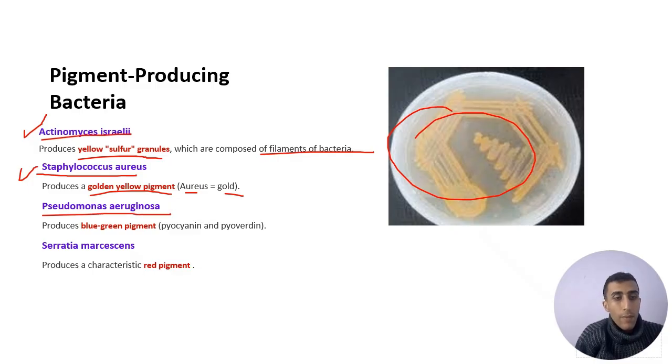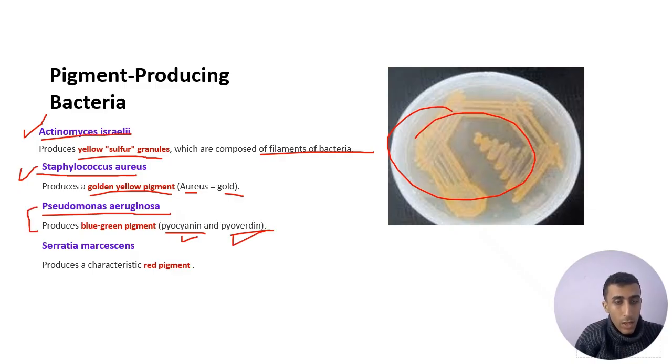Pseudomonas aeruginosa produces blue-green pigment, which are pyocyanin and pyoverdin. Some wounds have a greenish to bluish color due to pyocyanin and pyoverdin when they are infected with Pseudomonas aeruginosa.